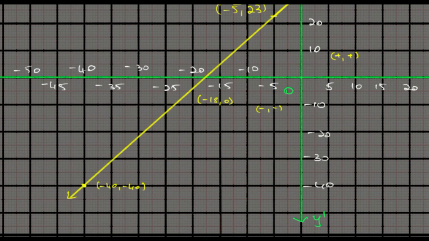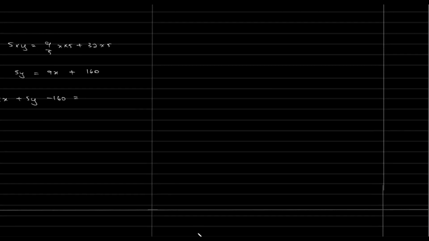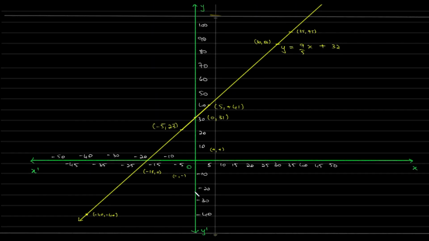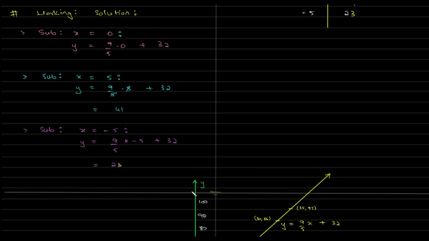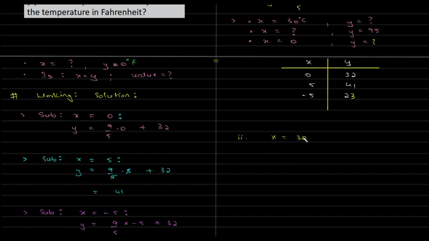Okay, so we are done. Yes, now we are done, right? We have the required answer. Okay, so for the second question, for x is equal to 30 degrees Celsius, y is equal to something. Third one, for x is equal to what, y is equal to 95 degrees Fahrenheit.